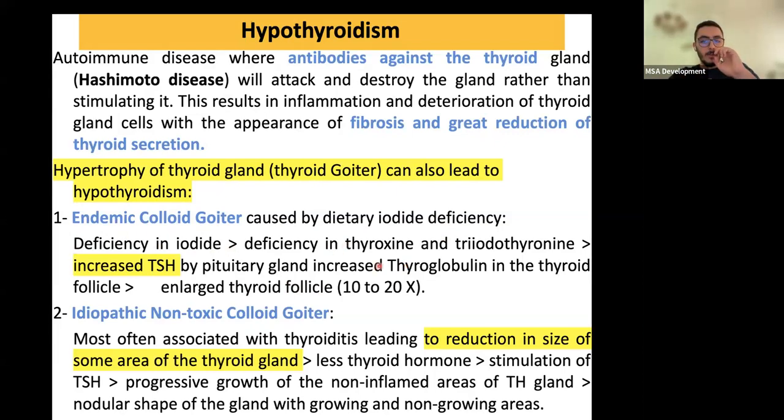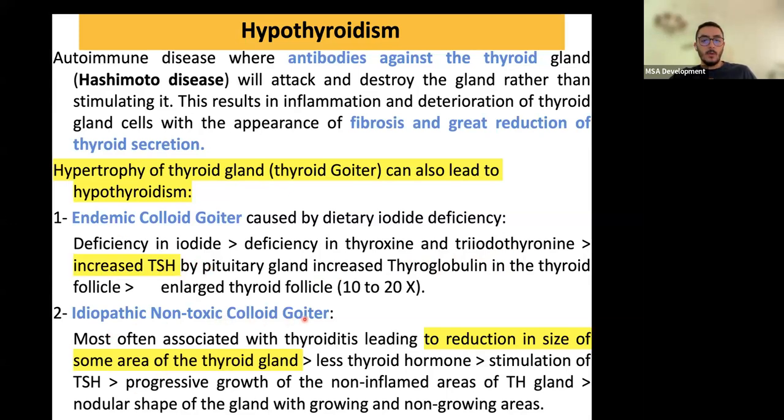Deficiency in the iodide will cause deficiency in thyroxine, T3 and T4, which will increase TSH by the pituitary gland. It's basically self-explanatory here. No iodide, no synthesis of T3 and T4, which will increase TSH.